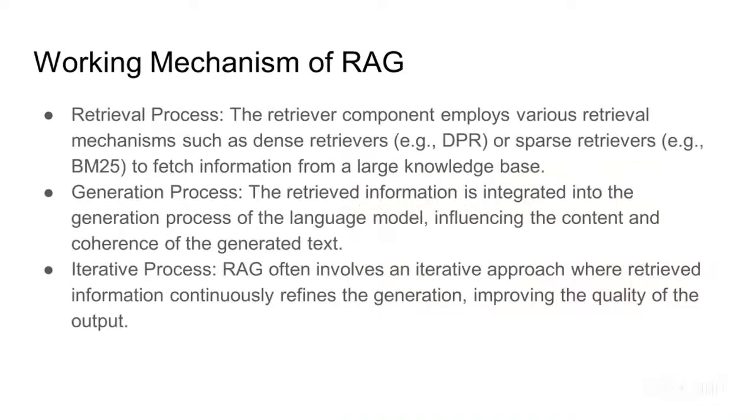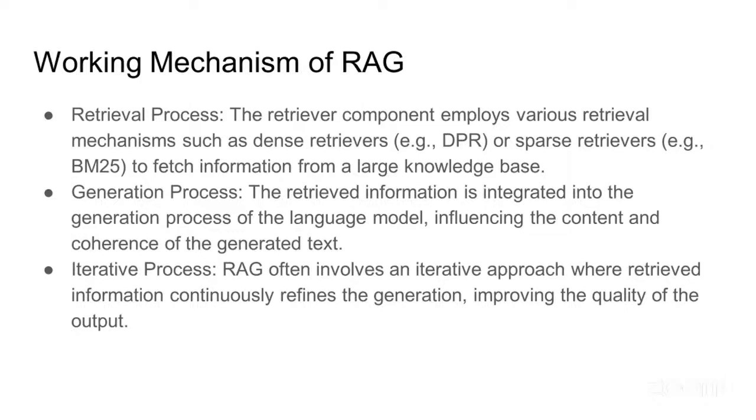Then the working mechanism of RAG. We have a retrieval process. In the retrieval process, we employ various retrieval mechanisms such as dense retrievers or sparse retrievers to fetch the information from a large knowledge base. Then there is the generation process.